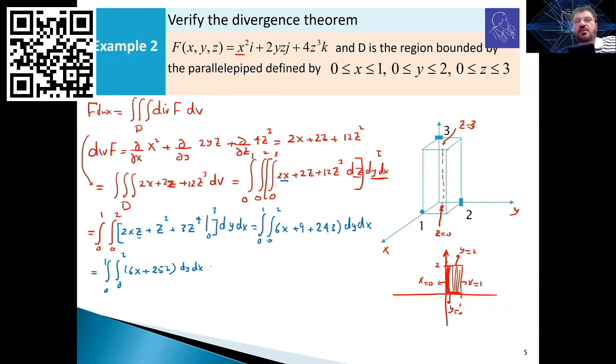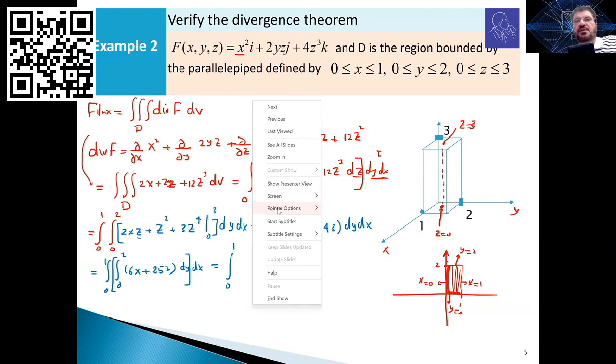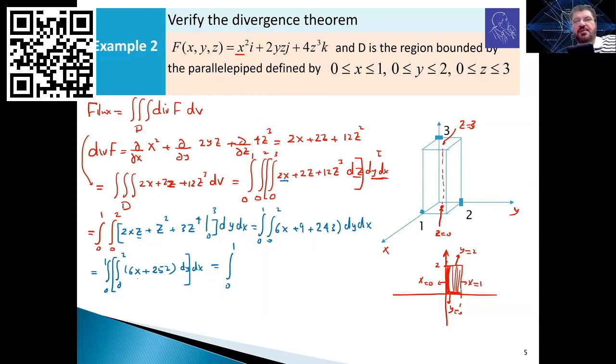Now what we're going to do, we will say this is equal to the integration from 0 to 1. We start from the inside. So let's take the green. What's the integration of 6x with respect to y? It's 6xy plus 252y. And this is from 0 to 2. And then we say dx.